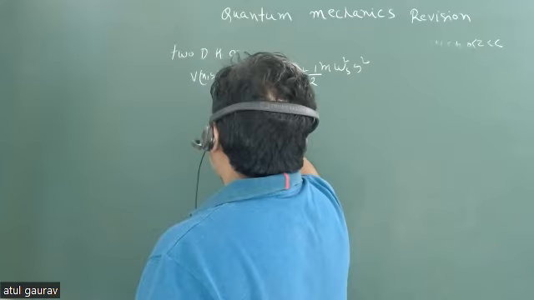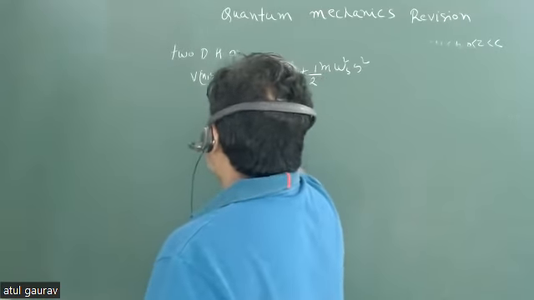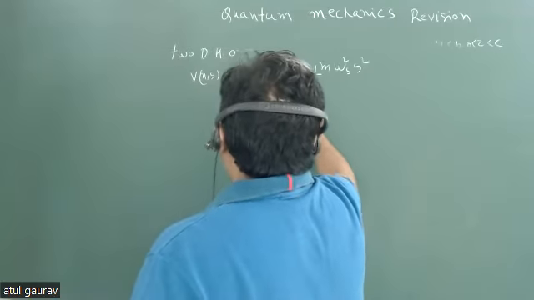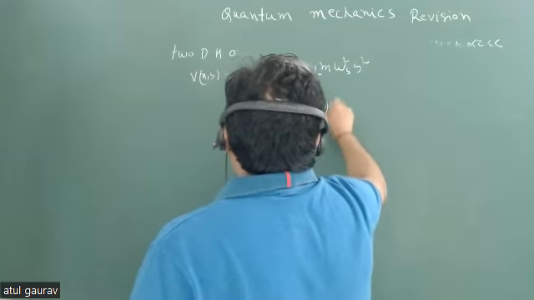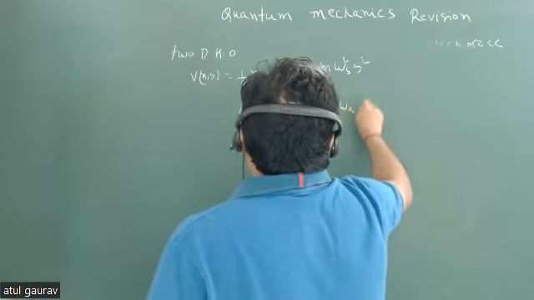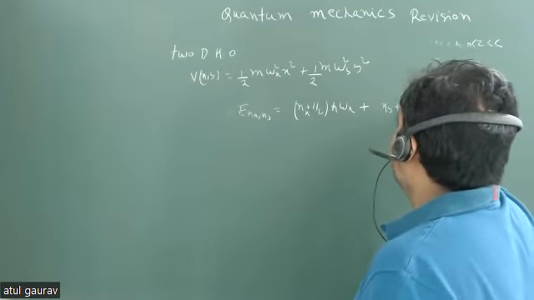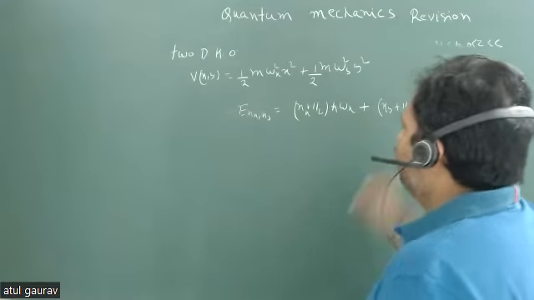The energy eigenvalue E(nx,ny) is (nx plus half) h-cut omega x plus (ny plus half) h-cut omega y.